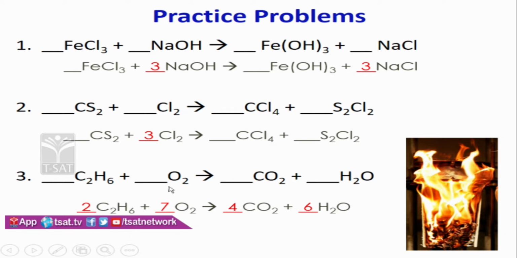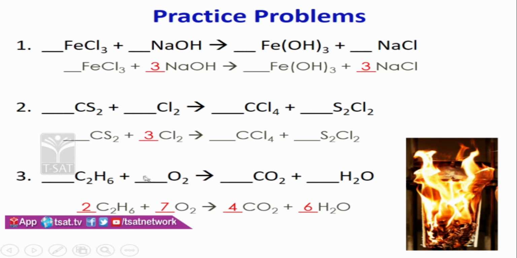Then oxygen we have to balance. So, we cannot balance this oxygen part with the first attempt. So, we have to change the number of oxygens. In such cases, we have to simply multiply with 2 or 3, with an even number or odd number.